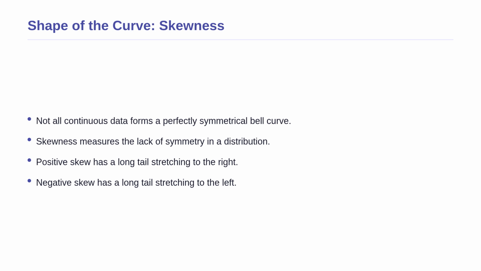If a distribution has a long tail stretching out to the right towards higher numbers, we call it positively skewed. This often happens with biological data, like hospital stay durations, where most people stay a few days, but a few stay for months. Conversely, if the tail stretches to the left, it is negatively skewed.